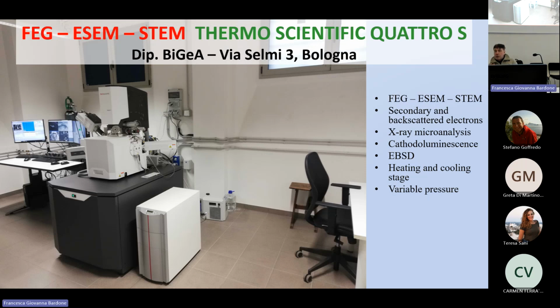I will show you also another effect that will be very, very useful for the biological material. With this type of instrument, with high pressure just close to the specimen surface, you don't need to cover your material with a conductive layer.